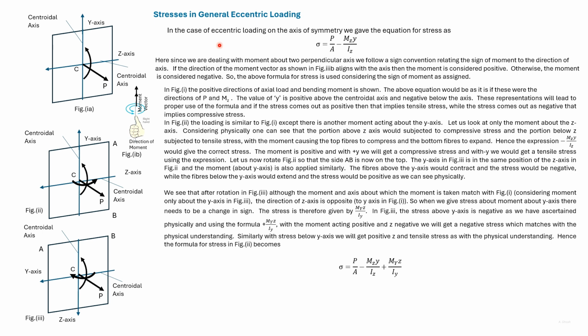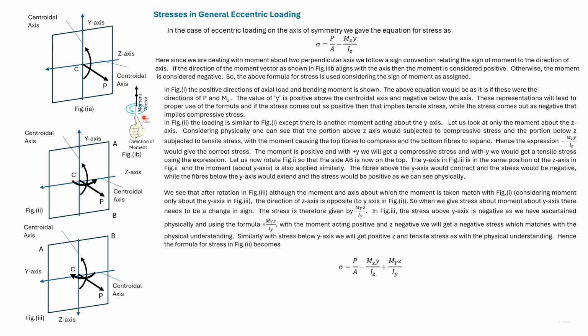We'll now deal with two different moments about two perpendicular axes. As such, we relate the sign of the moment to the direction of the axis. The moment is considered positive if the direction of the moment vector, as shown here, aligns with the direction of the axis.